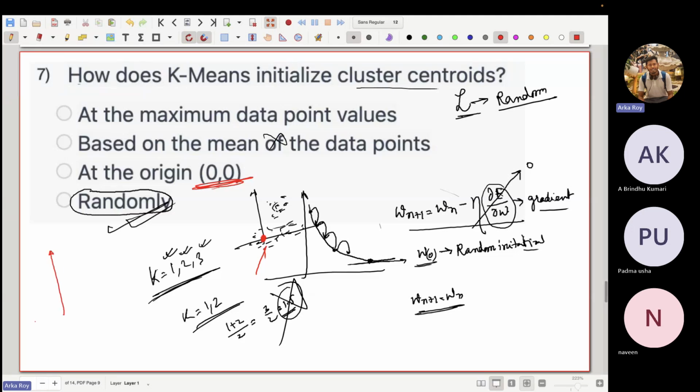I can show you one example. Let's say your data clouds are like this, and for this data cloud the possible centroids should be here. This could be one cluster, this another cluster, and this another. Now you are saying that you will put a centroid at 0, comma 0, at this particular point. From this point, each and every point would be almost equidistant.